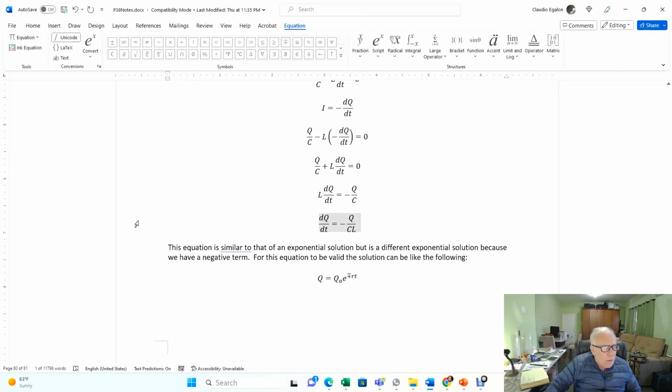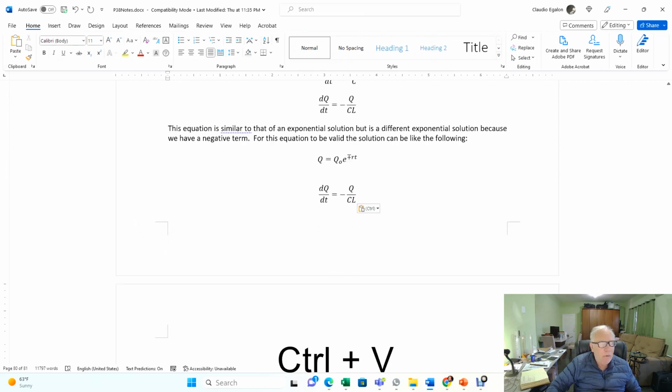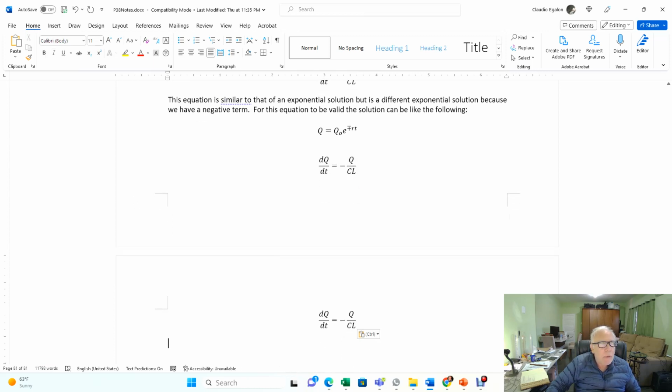So we do the following: we go ahead and replace the Q in the differential equation, this Q right in here, and this Q right in here.